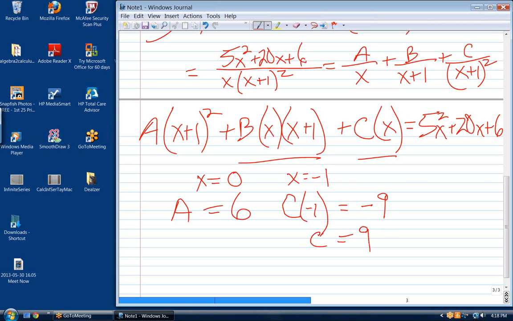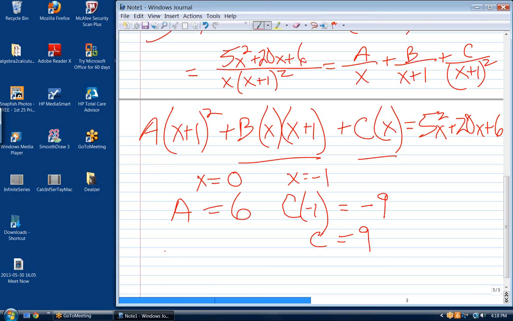Okay. Now we need to solve for B. And the most convenient choices for x we've used already. So you can pick any other value for x, and given that we now have an A and a C, in order to solve for B, we'll pick any other value for x. Well, we've used 0 and we've used minus 1. Let's try a 1.